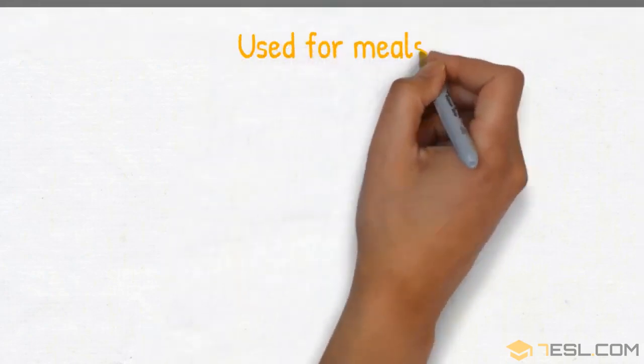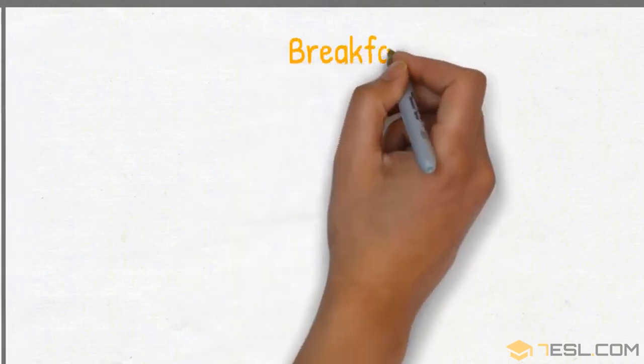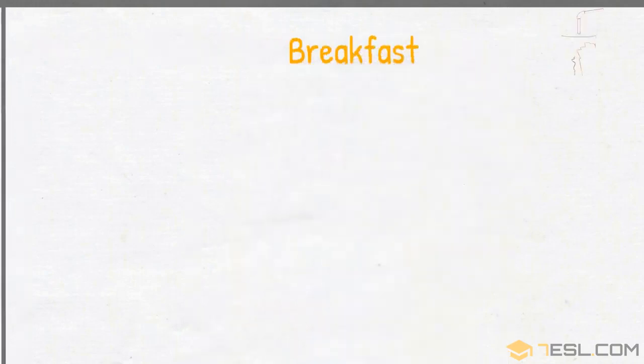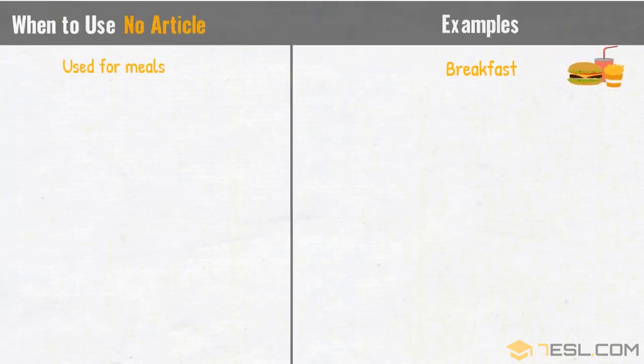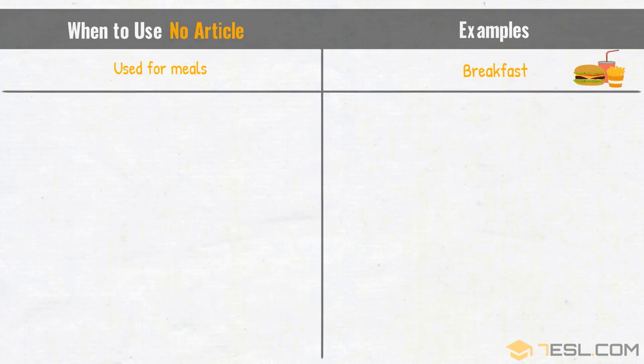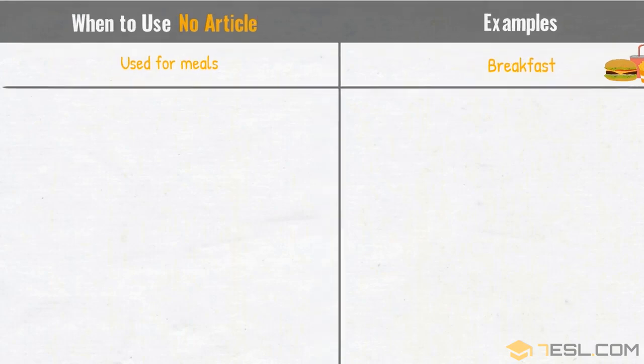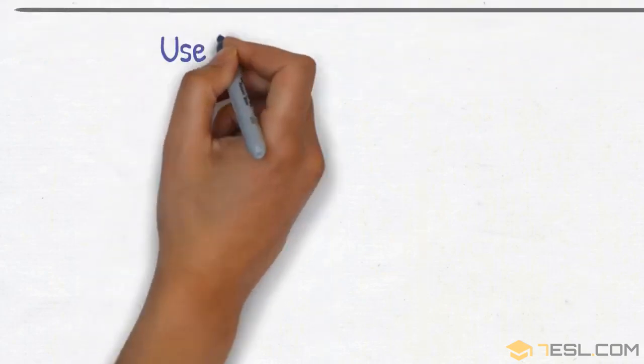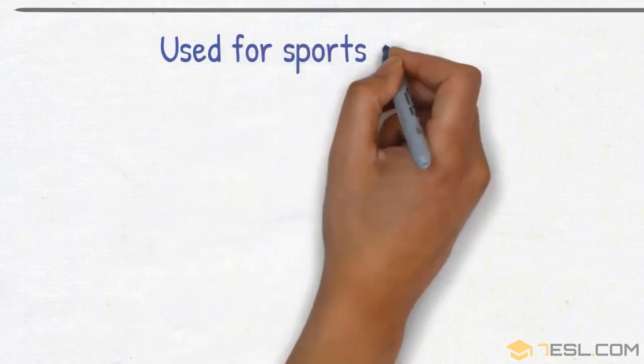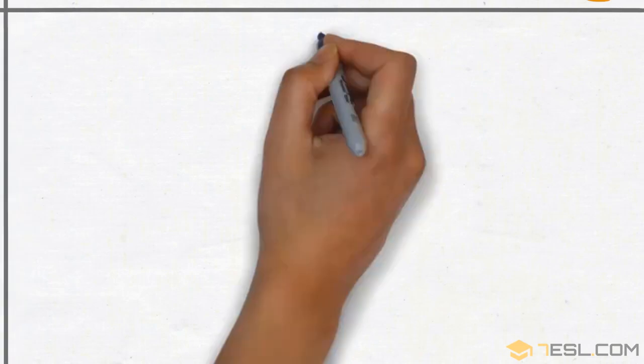Used for meals: breakfast. Used for sports and games: tennis.